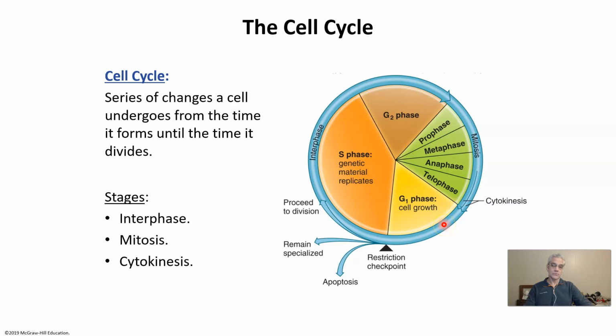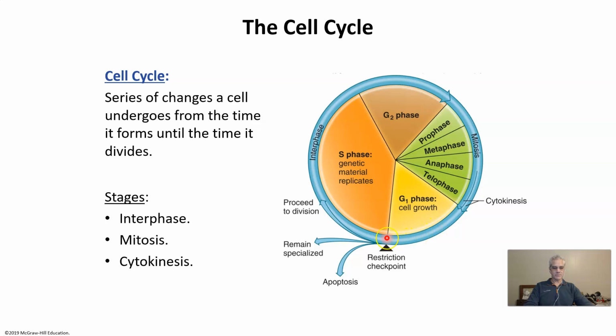It's going to do the thing that cell is supposed to be doing. We consider that cell growth. It doesn't necessarily mean that the cell is actually getting bigger and bigger. Sometimes it is, but most of the time it reaches a certain size, and that's as big as the cell needs to be. But it's doing its cell thing.